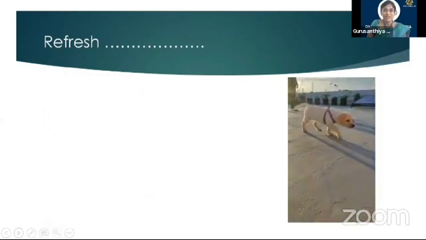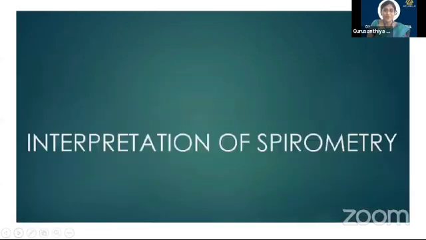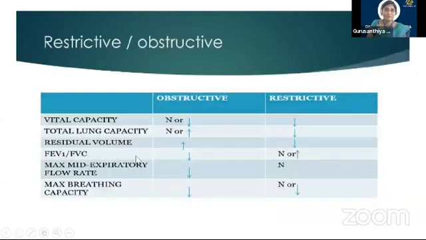So just to refresh, I've given a few examples of interpretation of spirometry. In case of an obstructive disorder, this is just a revision of all the things we have seen. In an obstructive pattern, the vital capacity is going to be normal or decreased, and total lung capacity is going to be normal or increased.